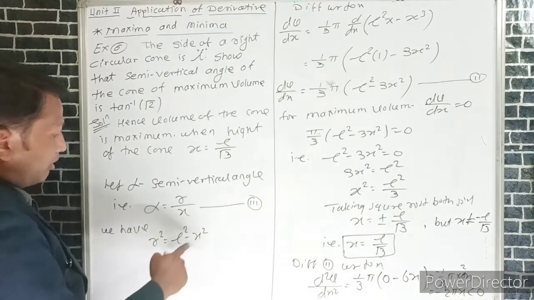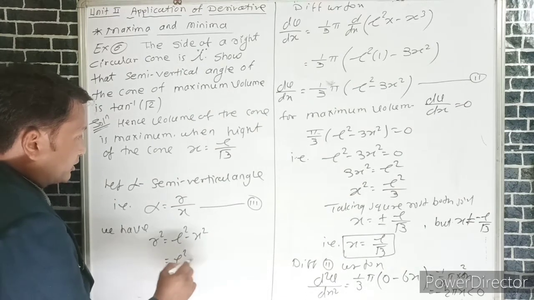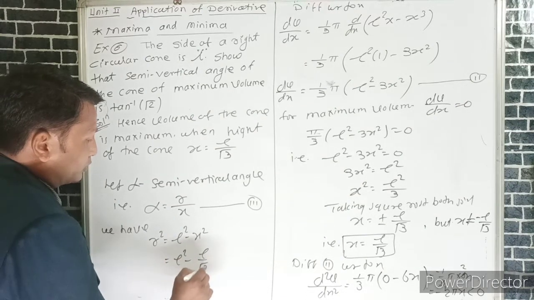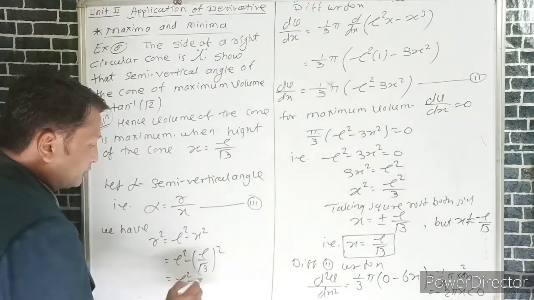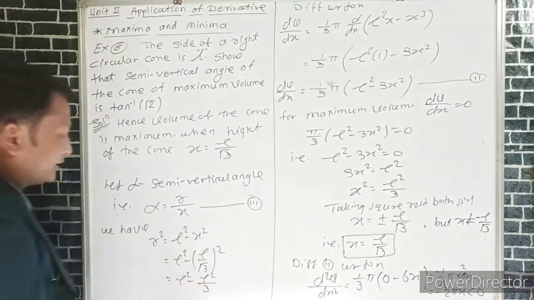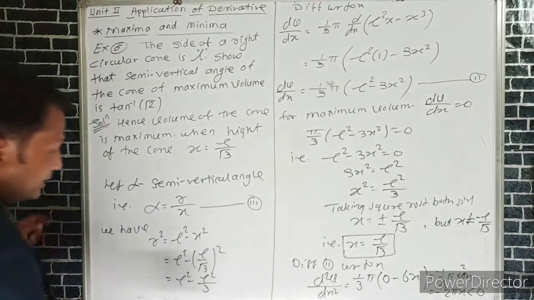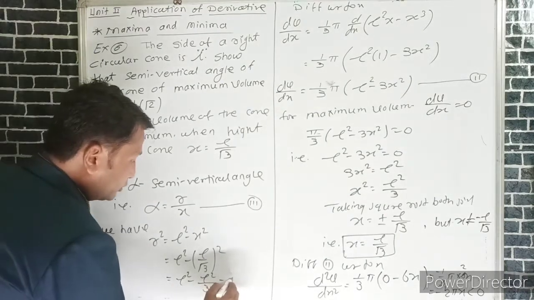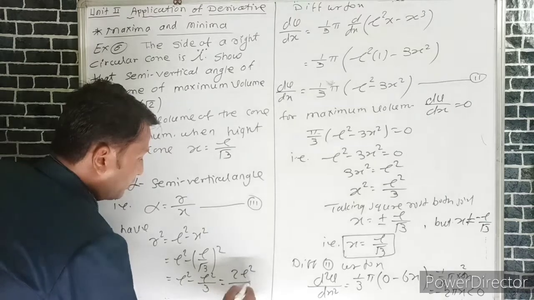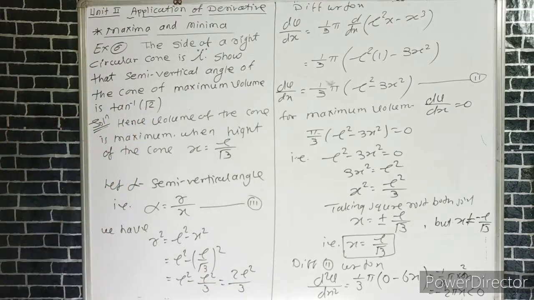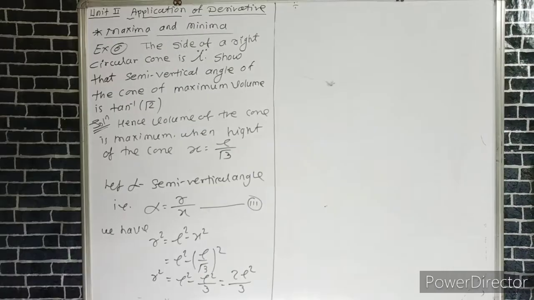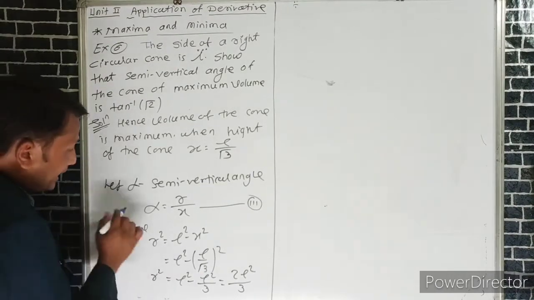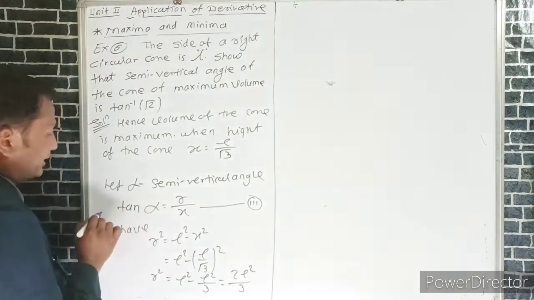The value of x gives L square minus L upon under root 3 whole bracket square, which means L square minus L square upon 3. So we can write 3L square minus L square, which is 2L square upon 3, the required value of r square. So tan alpha is equal to r by x.